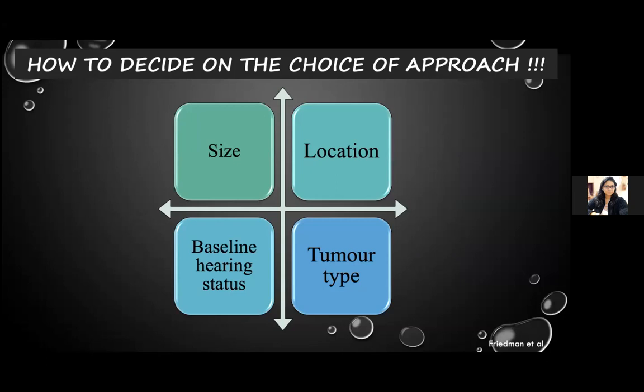So the chance of invading the facial or cochlear nerves in cases of meningioma will be less, and the chances of preserving hearing will be more. So we will have to choose an approach which will preserve the hearing. But in cases of vestibular schwannoma, where the nerves are already involved, there is no point in choosing hearing preservation. So these are the most important criteria which will help us decide which approach to choose.